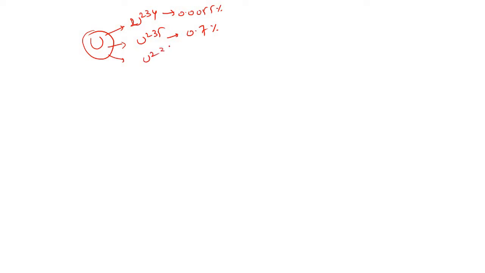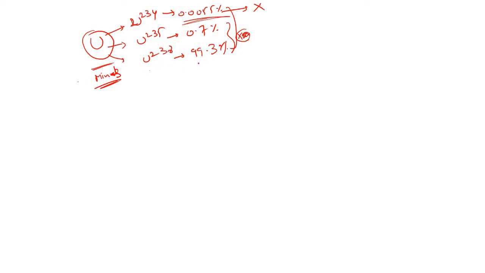And uranium-238 is around 99.3%. This is the mined one, which is dug from mines. So in that, this is the composition. For practical purposes we won't consider uranium-234, as it is very small in quantity, and these are the ones we use majorly in nuclear reactors.